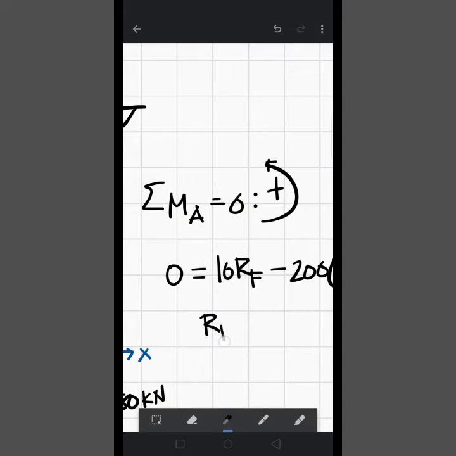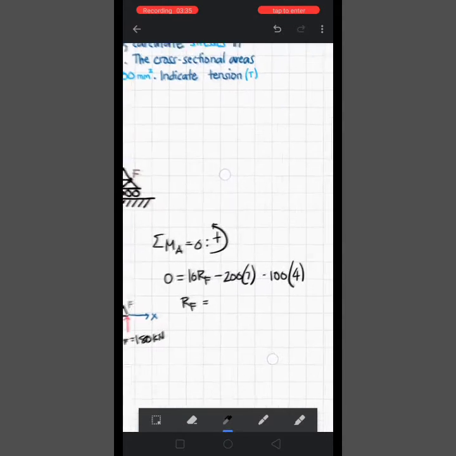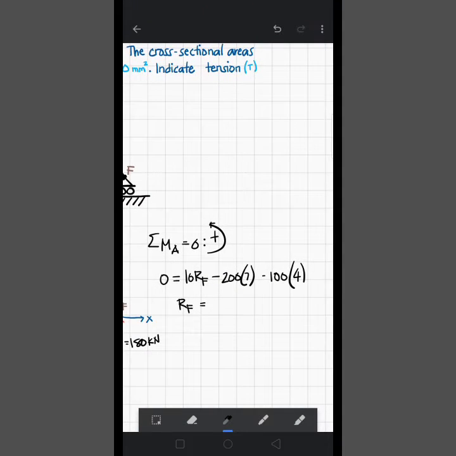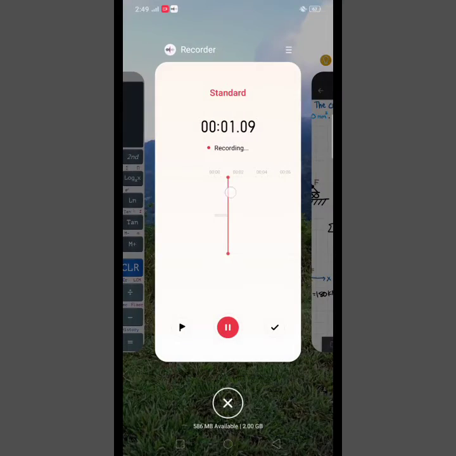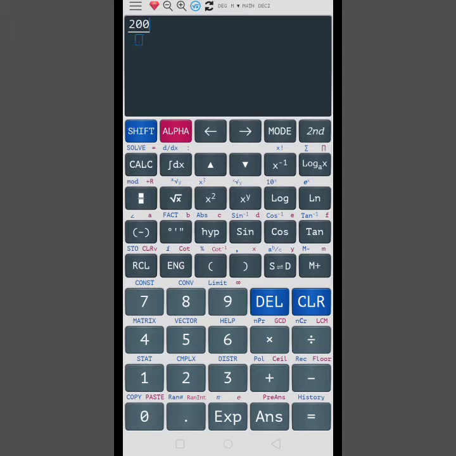If we simplify that, adding 200 times 7 and 100 times 4 on both sides of the equation, then dividing by 10, we'll then have 200 times 4 plus 100 times 7 over 10.